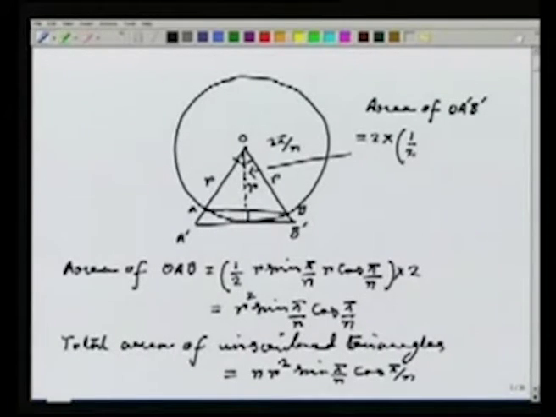In any case I know the altitude here, so it is r into, now the base, well the base is clearly r tan pi by n. So the total area turns out to be, in this case, r square tan pi by n. Then what is the total area of the superscribed triangles?